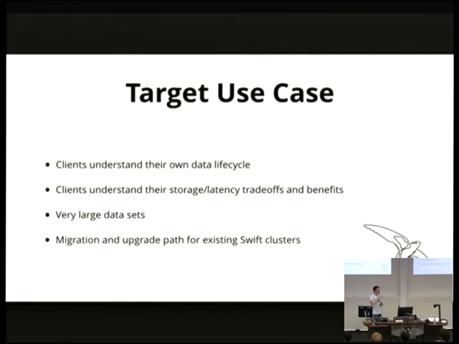First, we want to make sure that clients are understanding their data. They know what their data lifecycle and workflows are going to be. Let's not try to solve that for them at this point. That's a hard problem. Another feature of this target use case is that the client is going to understand the differences in those replications.